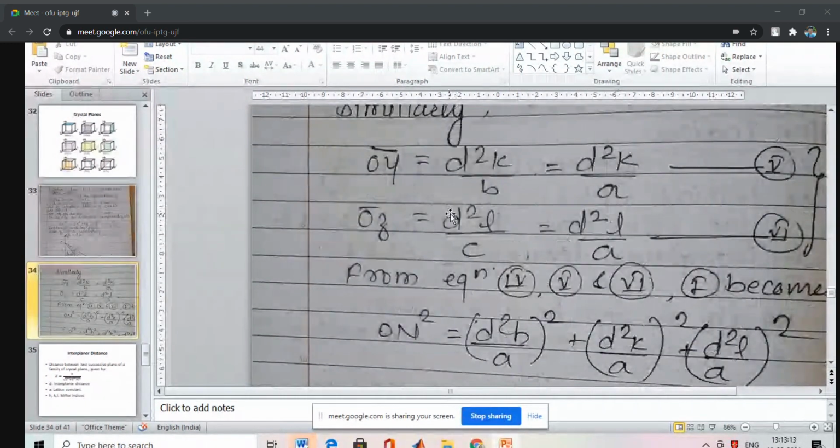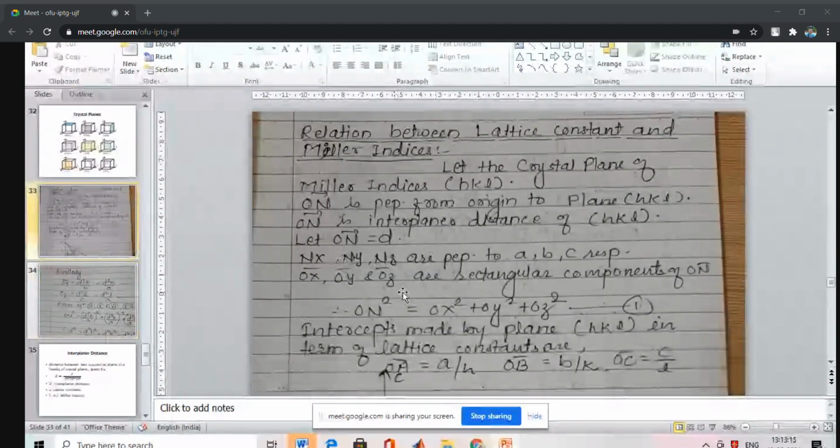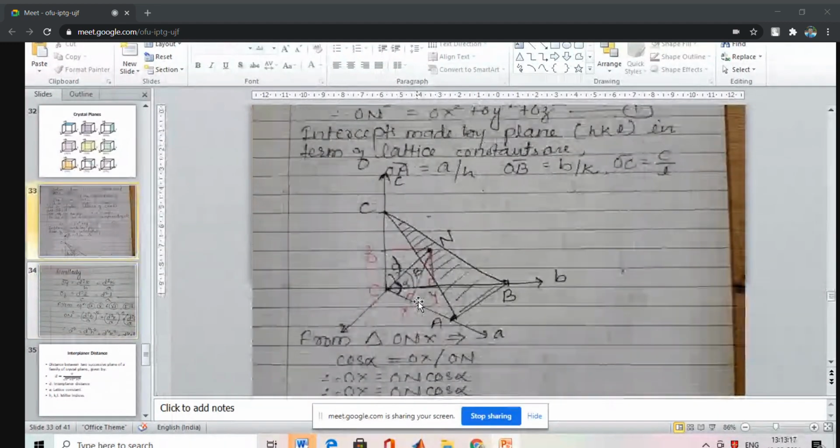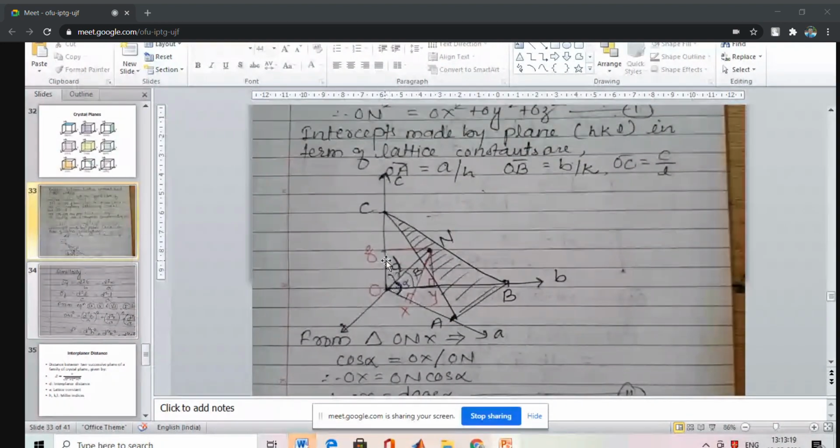Similar to OX, we can find out OY and OZ by the same calculations. In exam, if this derivation is there, no need to write the calculations for OY and OZ. You just write for OX and similarly write the OY and OZ.